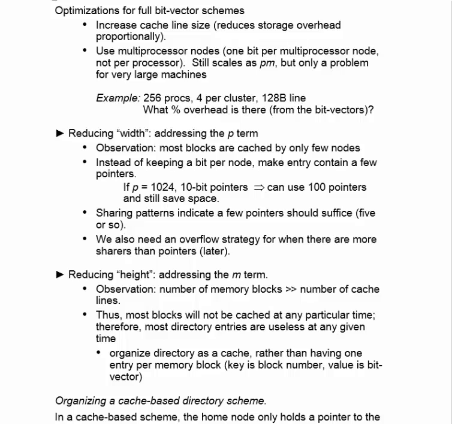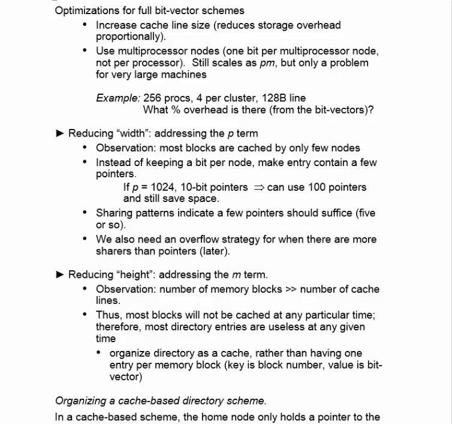Another way of doing it is to reduce the so-called height of the directory. The number of memory blocks needs to be way larger than the number of cache lines because memory is way larger than cache. So most blocks, the vast majority of blocks in memory, won't be cached at any particular time, so we don't need directory entries for them unless they're cached.